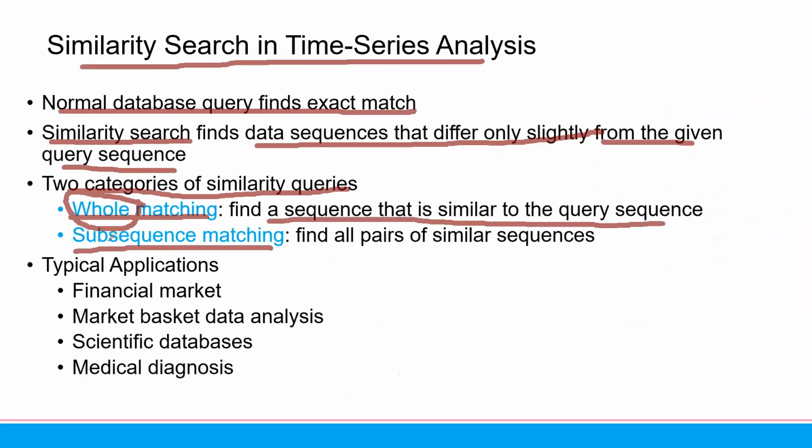We call it subsequence because we want to make it partial, or we want to make sub. Find all pairs of similar sequences. Some applications can be in the financial market. It can be in the market basket data analysis, in the scientific database, or in the medical diagnosis.